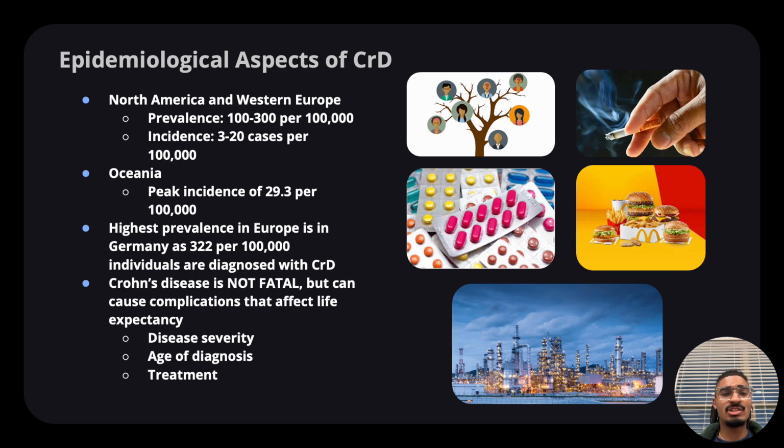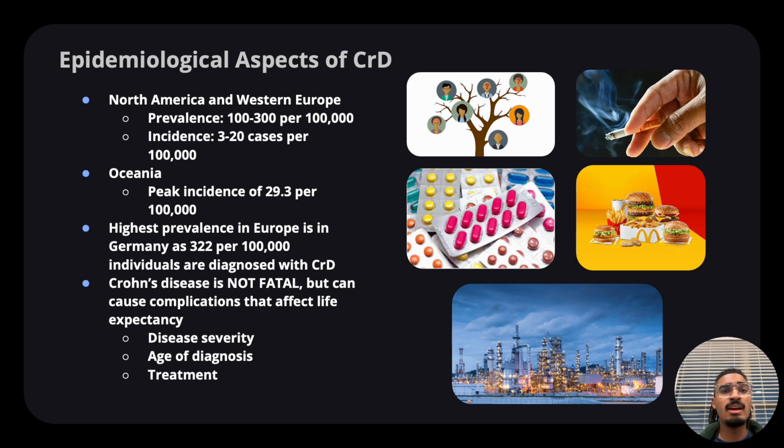And the highest prevalence in Europe is within Germany, which is 322 per 100,000 individuals to be diagnosed with Crohn's disease. But Crohn's disease is not fatal, but can cause complications that affect life expectancy, complications that we discussed earlier, which can include disease severity, age of diagnosis, and treatment. And Crohn's disease can begin at any age, and people are diagnosed from all ages, from adolescence to adulthood.